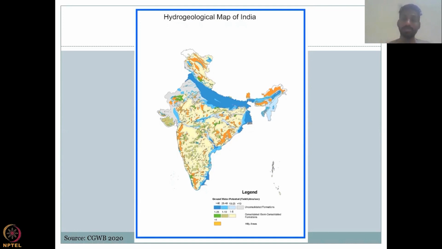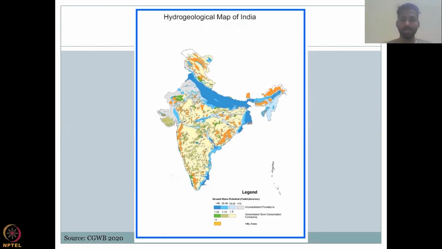The geology type is also given. Here we have an unconsolidated formation, or you can say unconsolidated or unconfined aquifers, which are present mostly along the river basins. It is unconsolidated because there are still sediments forming and water coming in, so it is an unconfined unit.